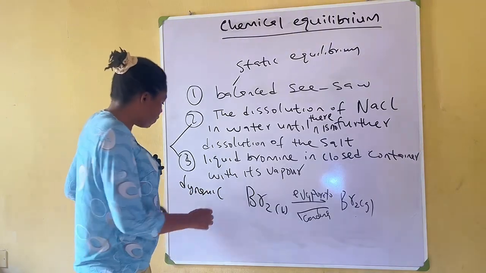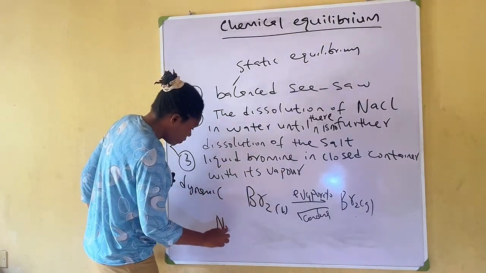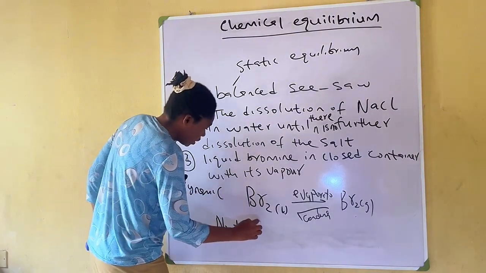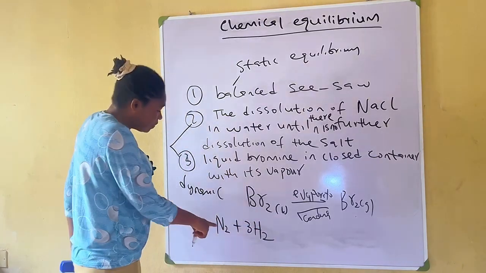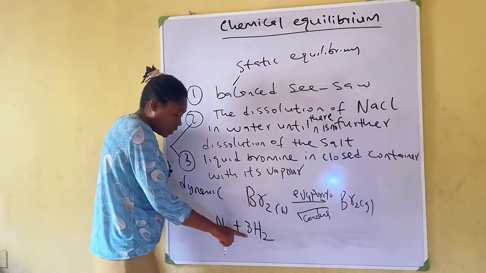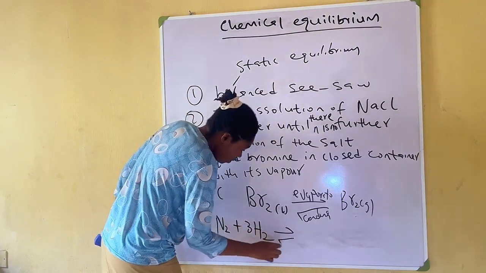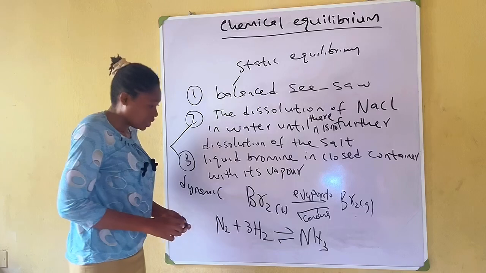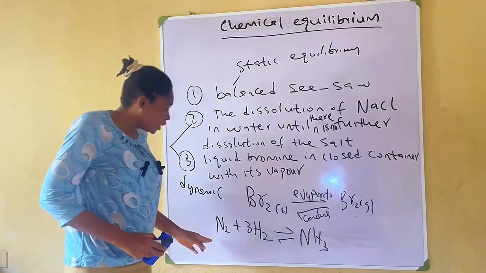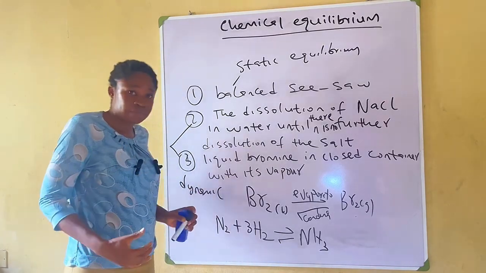For example, the reaction of nitrogen and hydrogen to form ammonia gas. This reaction takes place in a closed system.